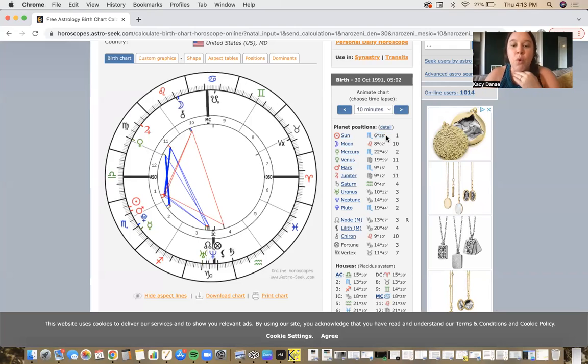But if you wanted to be more specific, let's see if we have one. Okay, here's one. 11 degrees, 45. This Chiron retrograde goes back to 11 degrees, 56.